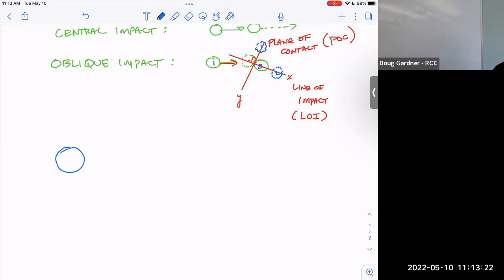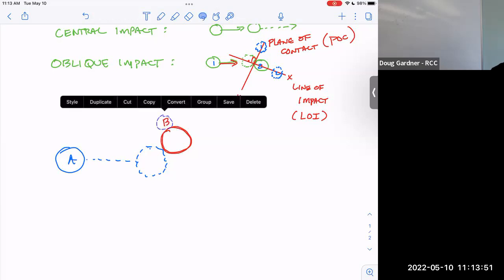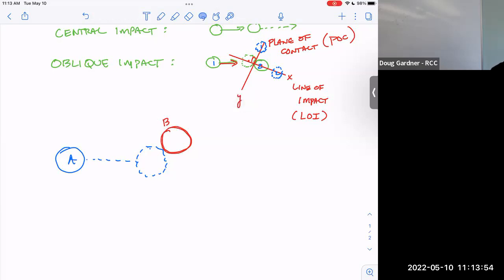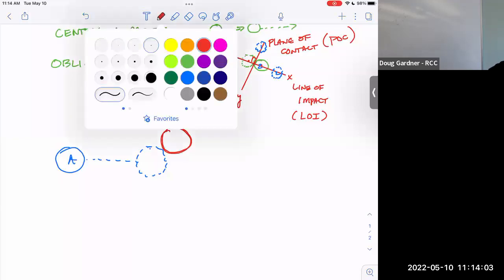But let's say this is ball A, and it's going to cruise over here into this location, where it is waiting to smack into B. So armed with that alone, do you have a sense of where everything is going to go?